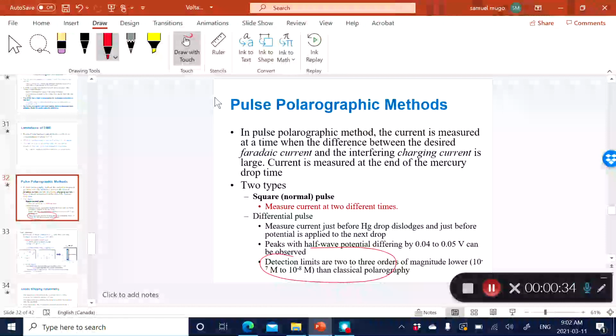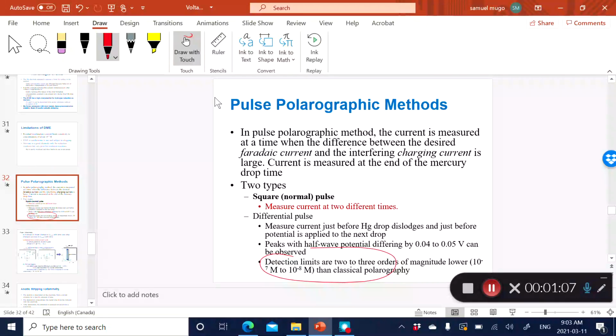And for that reason, you've got these pulse voltammetric techniques that have been used and experimented on and found to very significantly increase the sensitivity and enhance your signal to noise ratio, and of course, decrease your limit of detection, which is a favorable figure of merit when you're doing analytical chemistry.